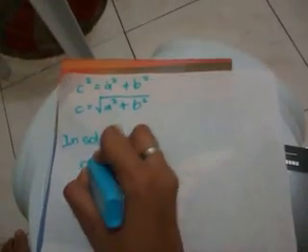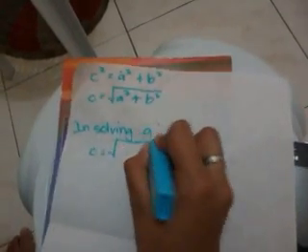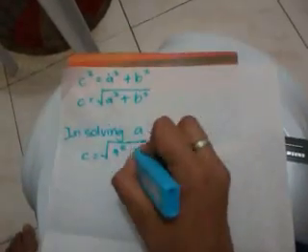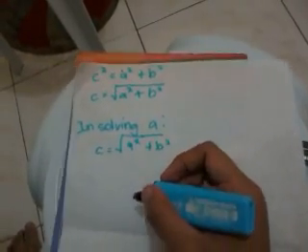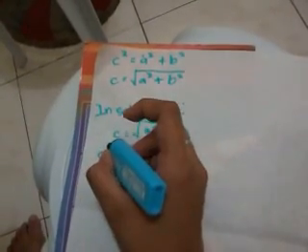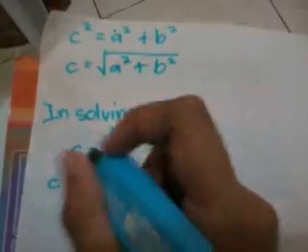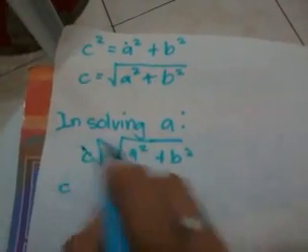The formula C squared equals A squared plus B squared, we will not derive as is, so let's cross this out. We're going to derive this one.